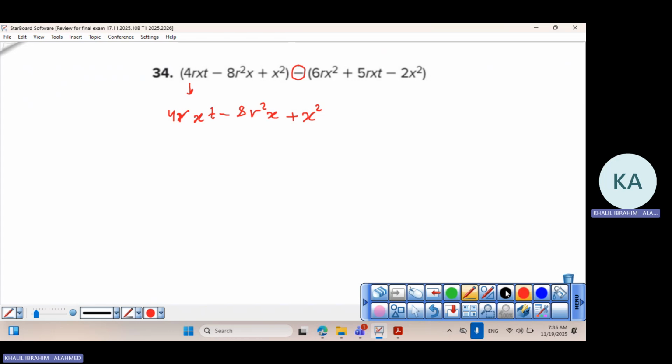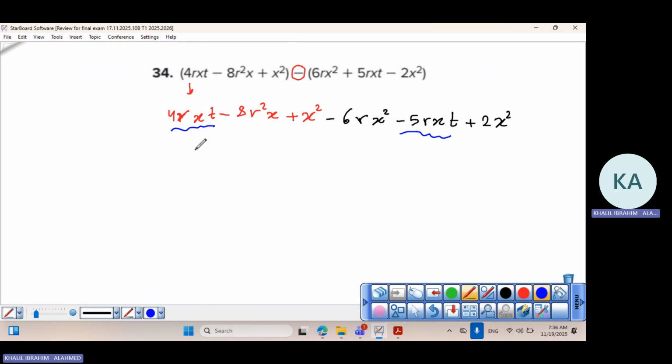Now everything in the second bracket changes. Negative 6r x squared, minus 5r x t, minus positive 2x squared. What is the next step here? Look for the similar terms. Here for rxt, here negative 5 rxt.